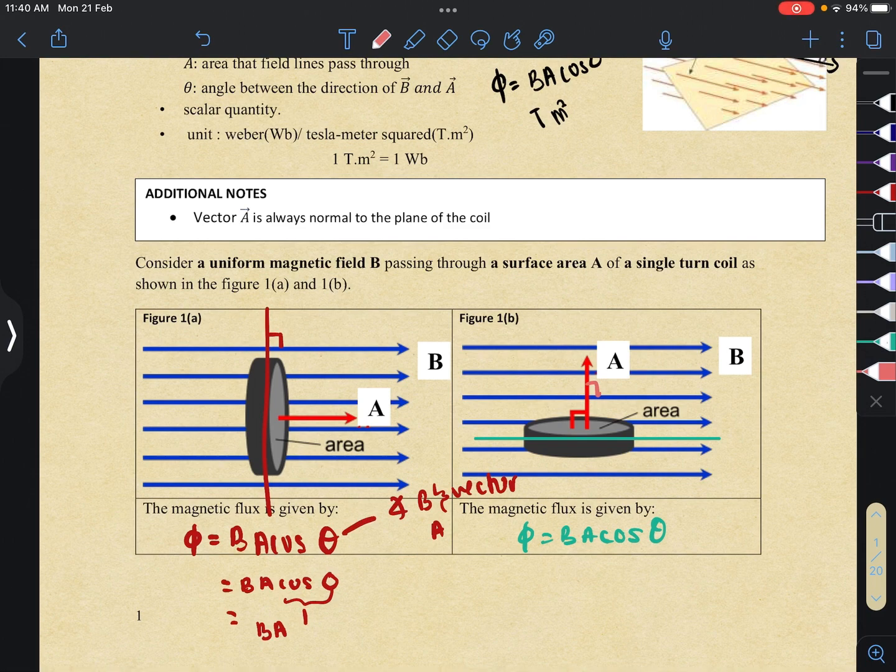So we will have flux BA cos 90. Cos 90 is equal to 0. So our flux here is equal to 0. So you will have a maximum flux when the vector area and B are parallel to each other, and you will have the minimum, which is 0, when they are perpendicular to each other.